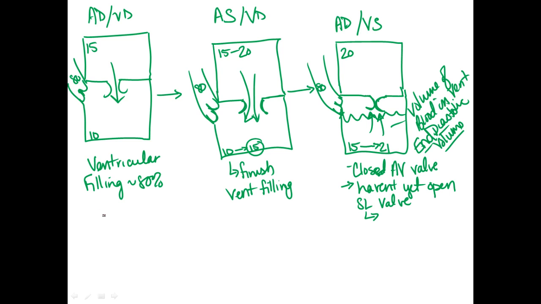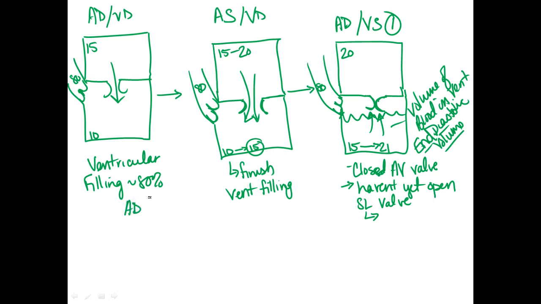Now we've got a period of time. If we come over here, may have to get a little smaller. Okay, so this period of atrial diastole ventricular systole, I'm going to draw out in 3 different stages. So now we have our next one.